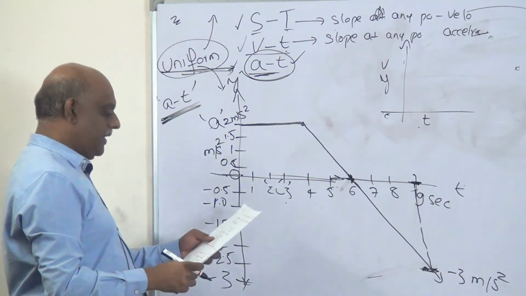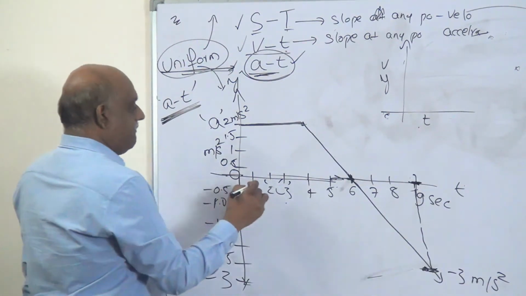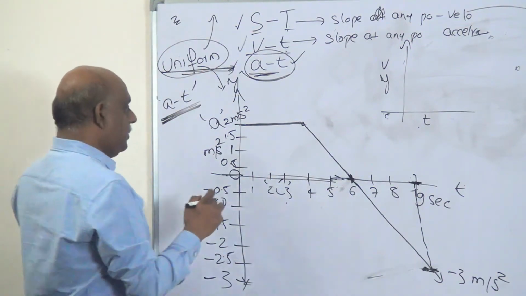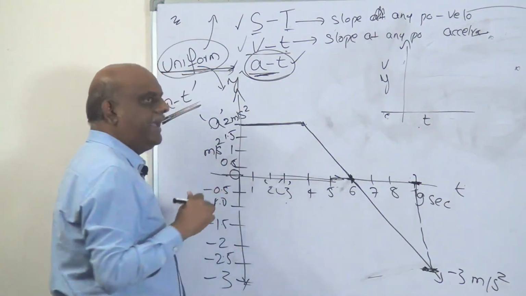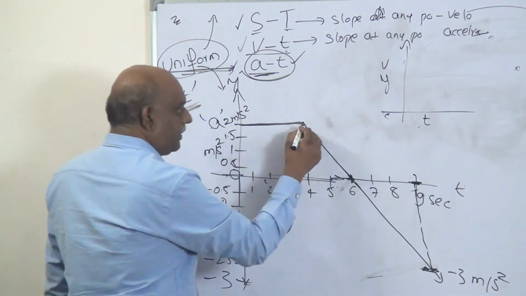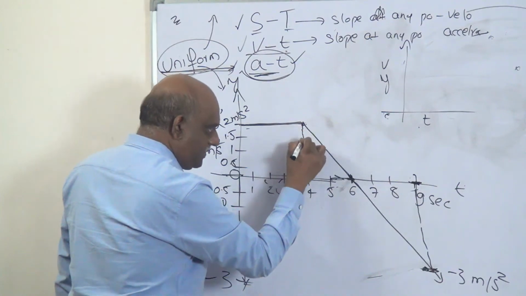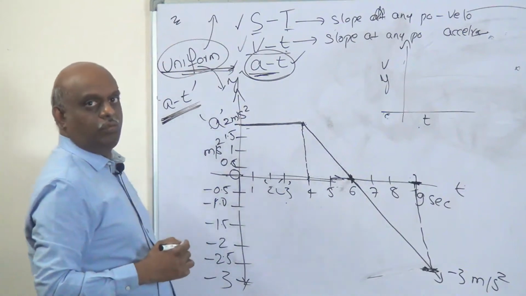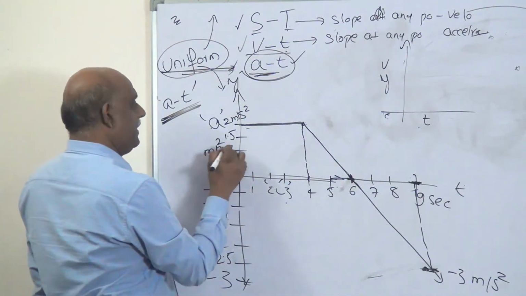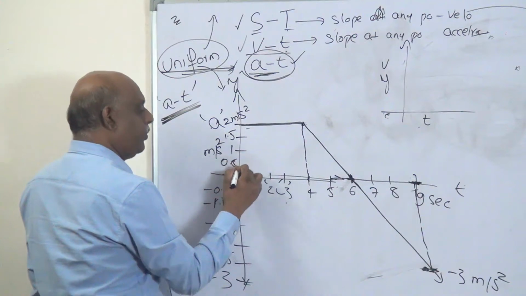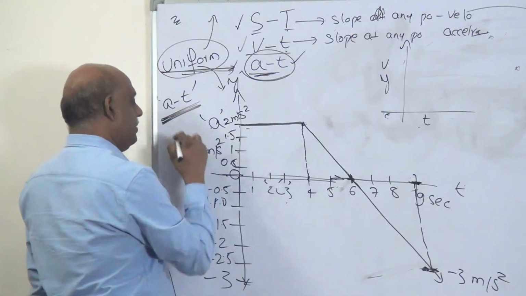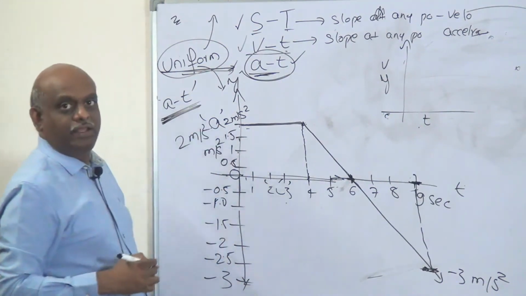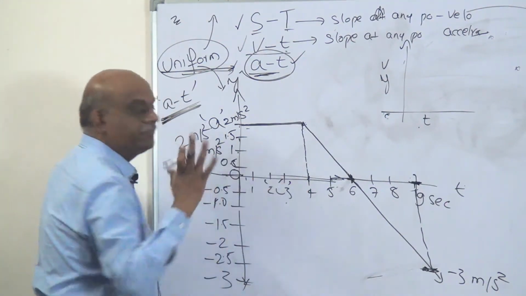Now, I want to ask you a question. In the first 4 seconds, let us say this is a rectangle. What is the height of this rectangle? The height is 0.5, 1, 1.5, 2. So 2 meters per second square is the height. What is the width of this?